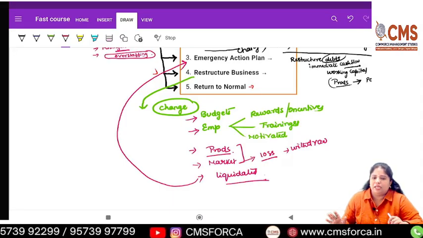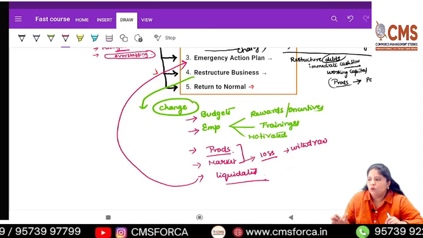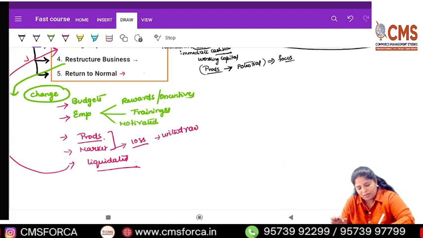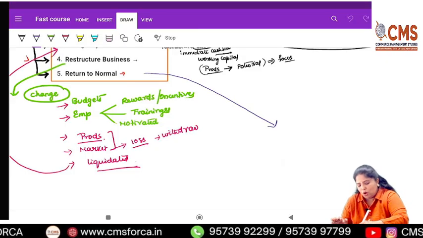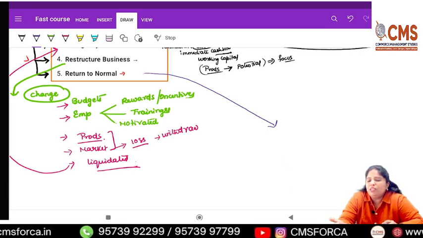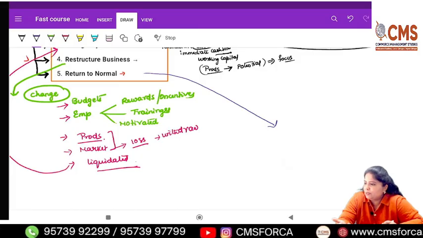And as a last step, they are trying to return to normal. Now, what do you mean by returning to normal? When we say an organization returns to normal, it means they are getting back to their normal course of operations.